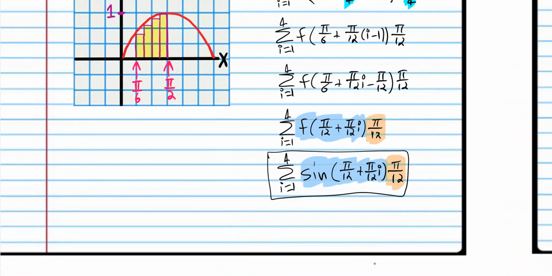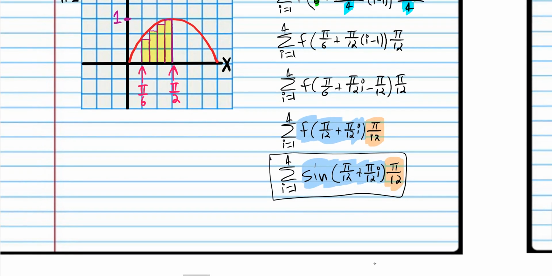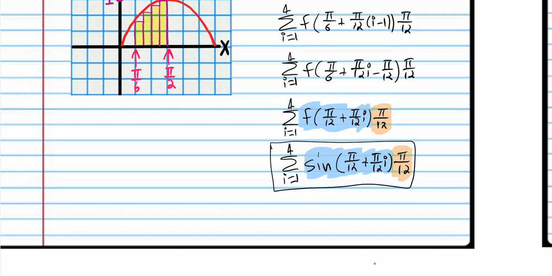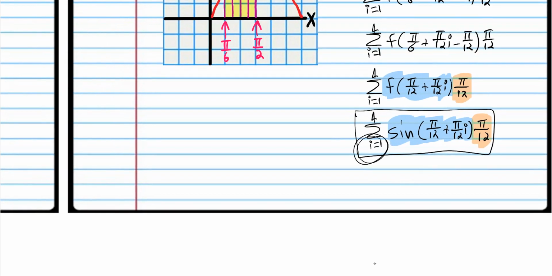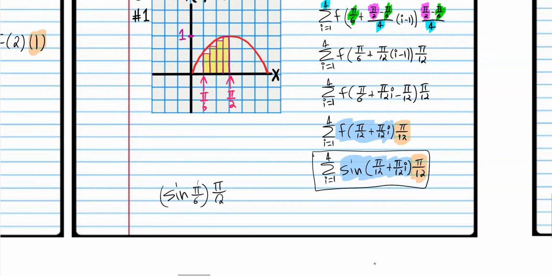So in order to prove that this is correct, we can just start plugging in values for i, and you can see why this formula works. We're starting with 1, so we plug in 1, right? If you plug in 1, you can do the math, but you get sine of pi over 6 times pi over 12. That's the area of the first rectangle.